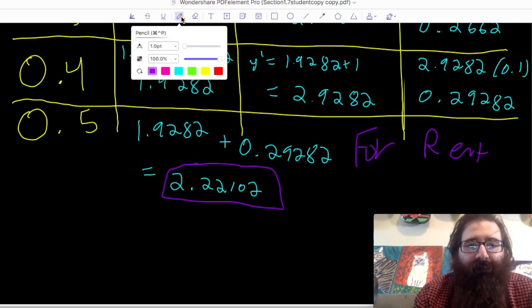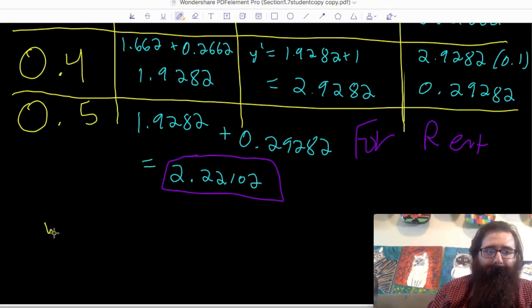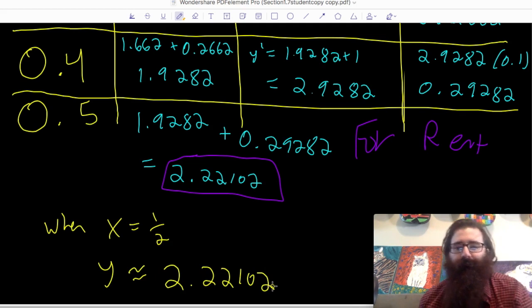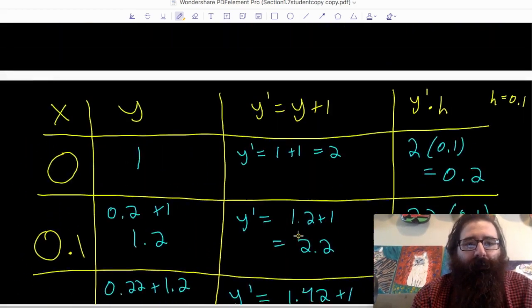So now what we're saying is when x is 1/2, that y is approximately 2.22102. And so now I can compare this with what I got previously.